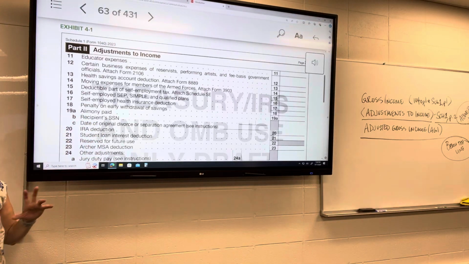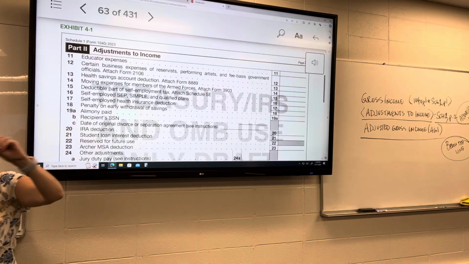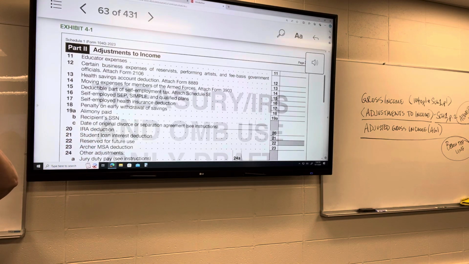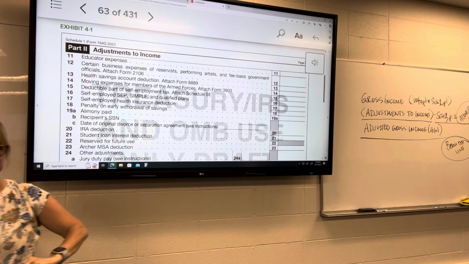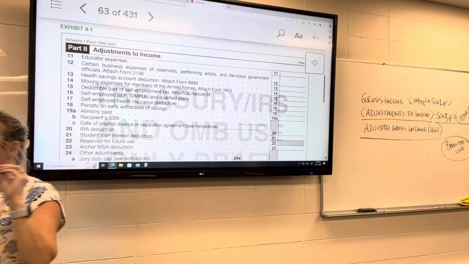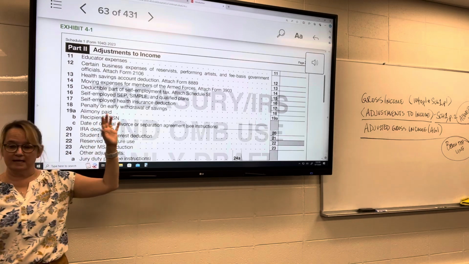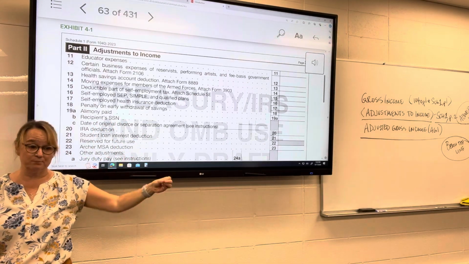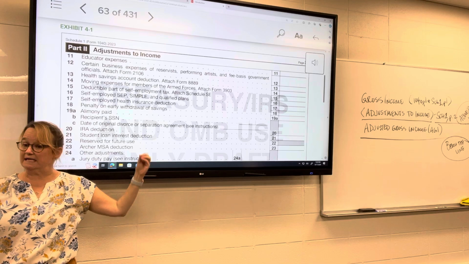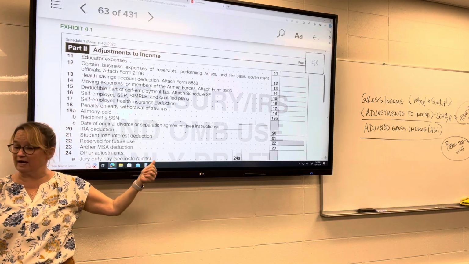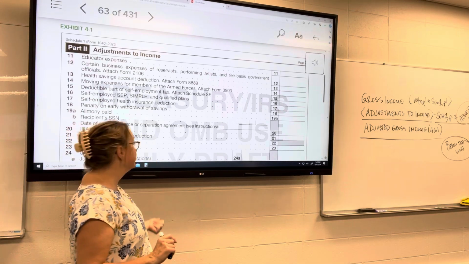IRA deduction is for individuals who, if their income is below a certain level, or they are not covered by a retirement plan at work, are allowed to make a separate contribution into an individual retirement account. That's what IRA stands for, individual retirement account.